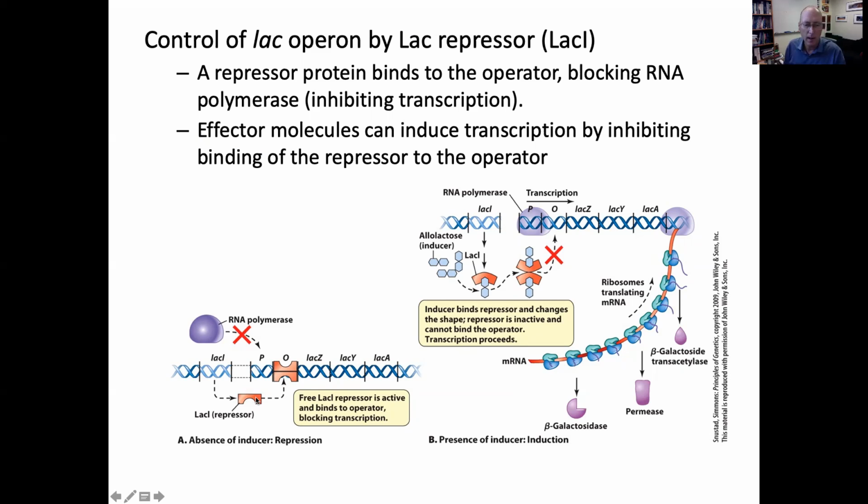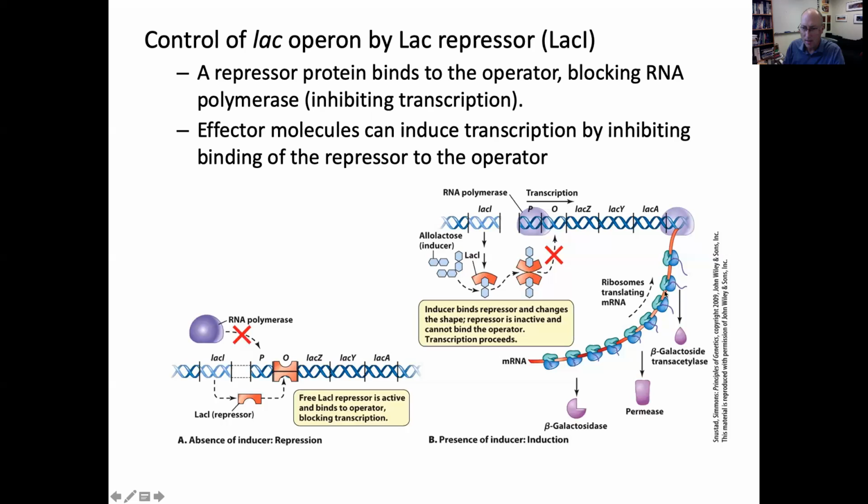Maybe I'll show you an actual figure of the molecular structure of LacI repressor bound to the inducer versus not bound, to show the difference between them. But this is a figure from your book, right? So this one has an affinity for the operator, this one does not. So the point is that the LacI repressor comes off of the operator, and RNA polymerase then is able to effectively transcribe.